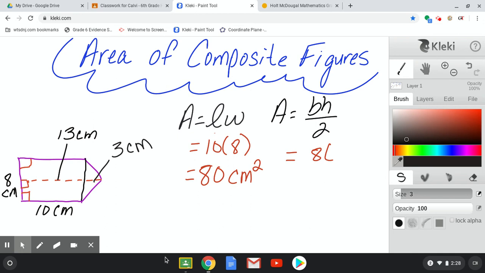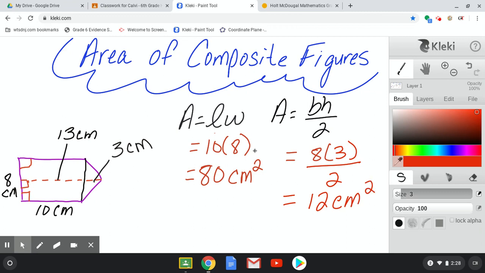So then our height, we are multiplying it by 3. And then we will divide by 2. So 8 times 3 is 24. Divide that by 2, we would get 12 square centimeters.